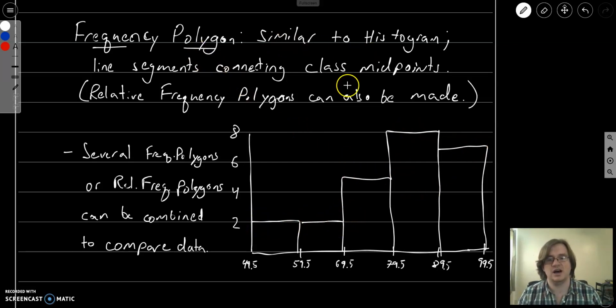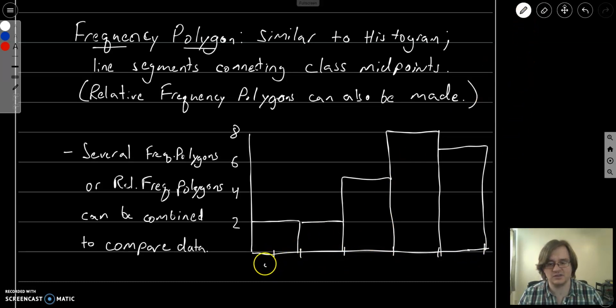For a frequency polygon, instead of worrying about the endpoints, we're going to label these with the midpoints.